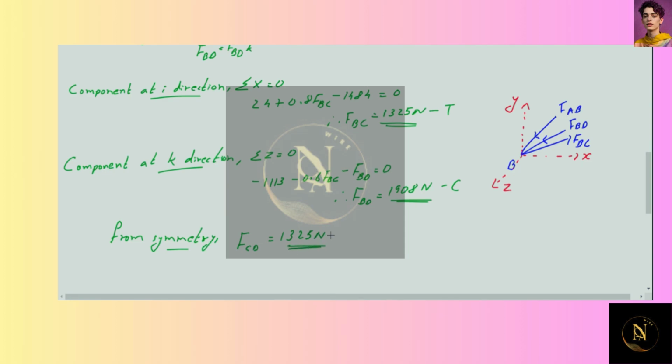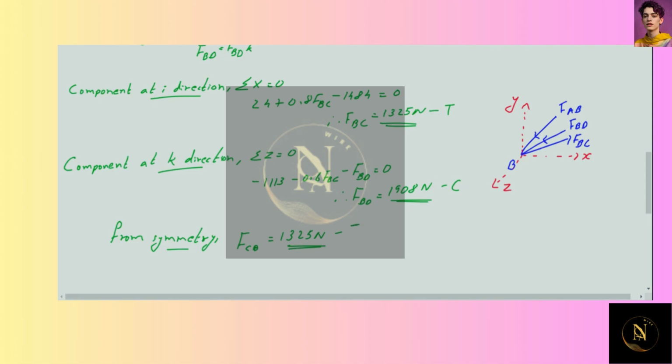And FCB is actually going outward from the point B, so that creates tension.